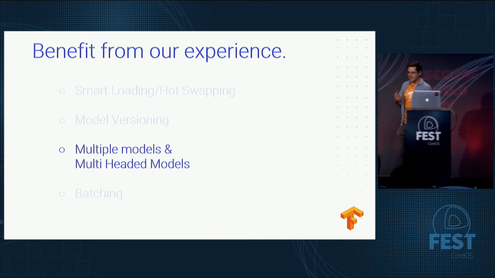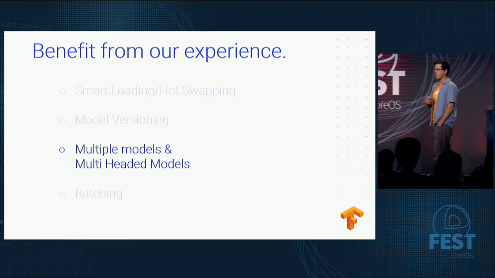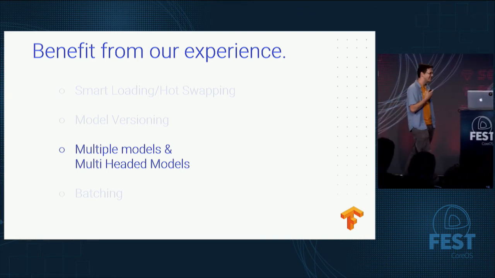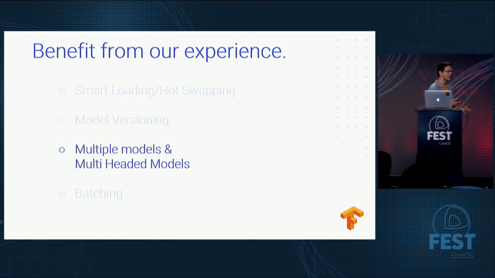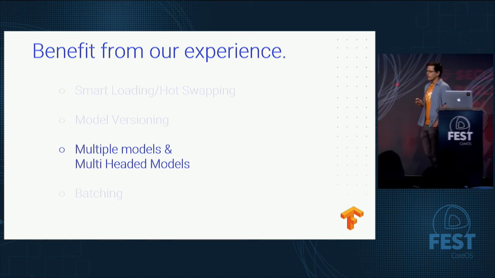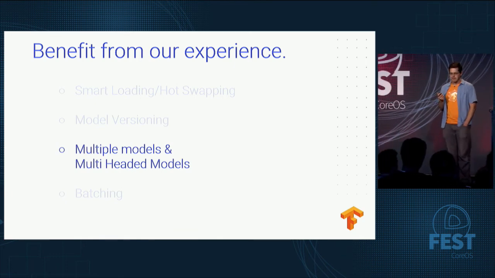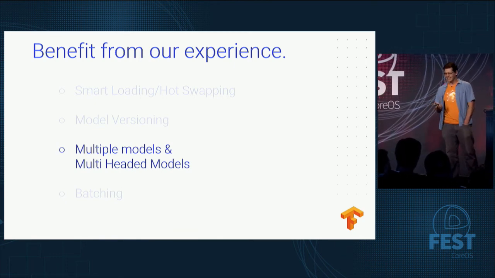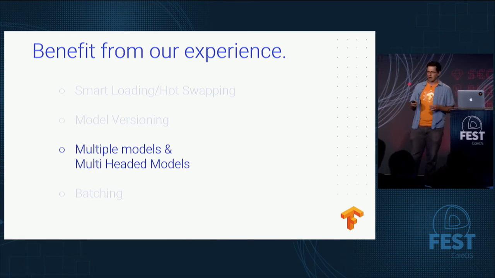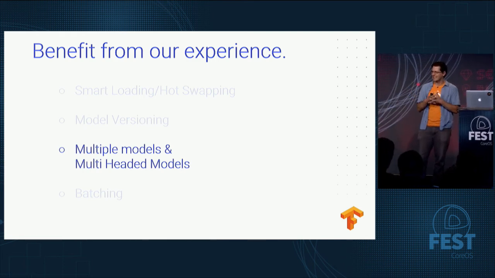So you may need a second model to gauge the chance that I'll watch more than 30 seconds of your video, or a third model to tell whether or not I'll click the like button. You need an API and a server that can serve these three models together. Or in many cases, you can create a much more compact model by integrating these three models together, right? Having one model with three independent output heads.